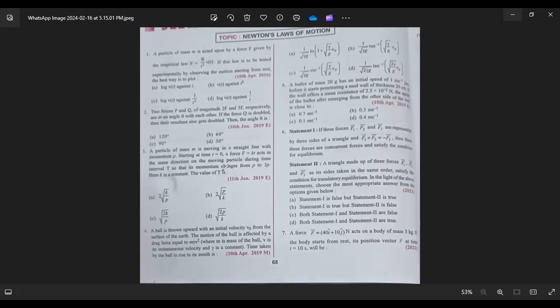We use the triangle law of vector addition.